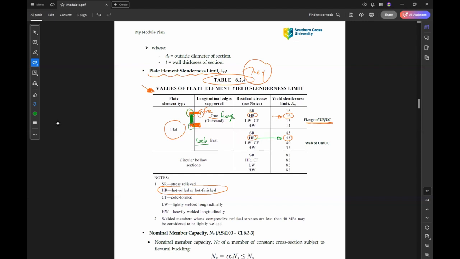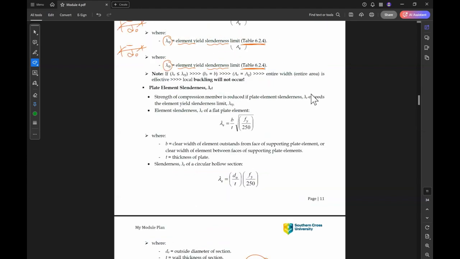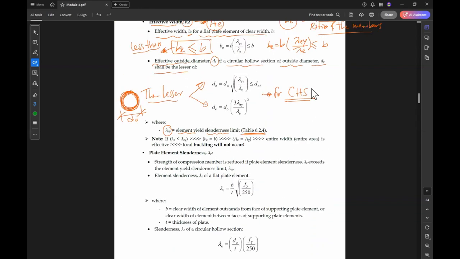This is how to use the table. If you have a circular hollow section, use 82. If you are using a different type of steel, like cold formed or lightly welded longitudinally, you can use the different value. So here, lambda EY equal to 16 for flanges and 45 for webs if we consider a hot rolled section.